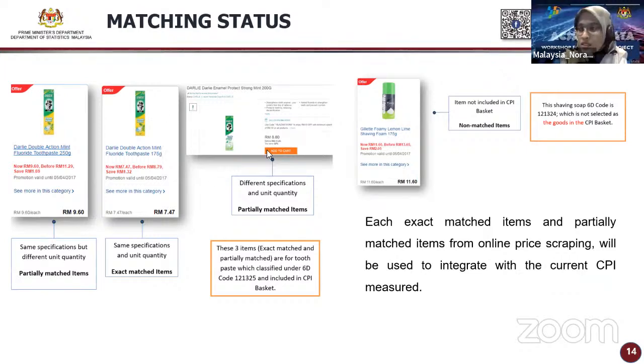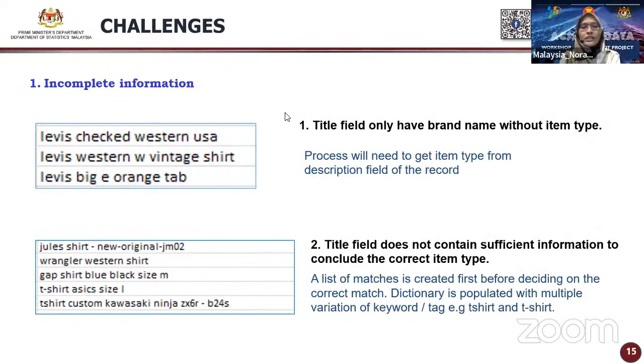Okay, next. The challenge of this dictionary building is that there are records that do not have enough information in the title or description to allow the item to be classified accurately.